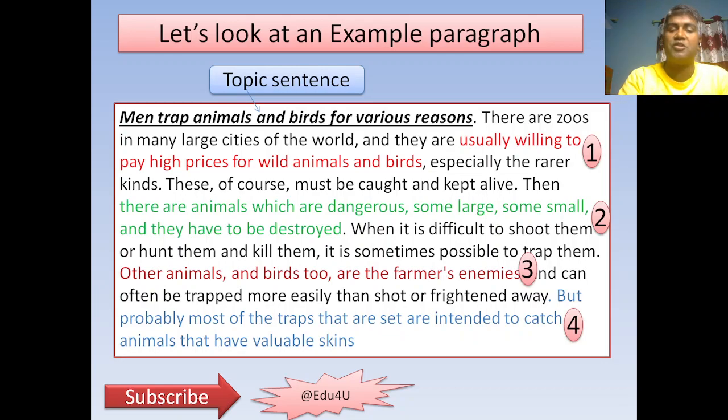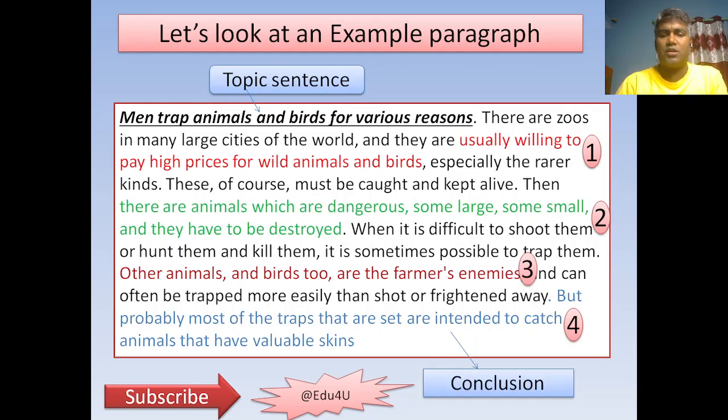So that is the final reason why birds and animals are trapped, for their valuable skins. This can be said to be the conclusion of the paragraph. So we can say that in a paragraph we have the topic sentence, we have the supporting details, and finally we have the conclusion.